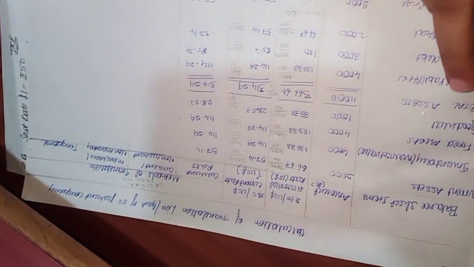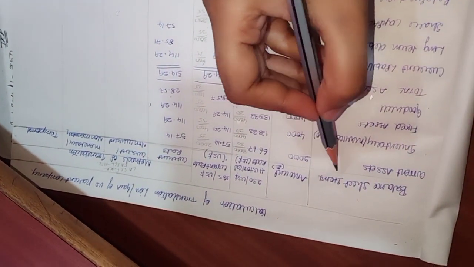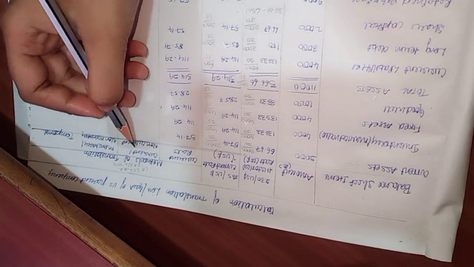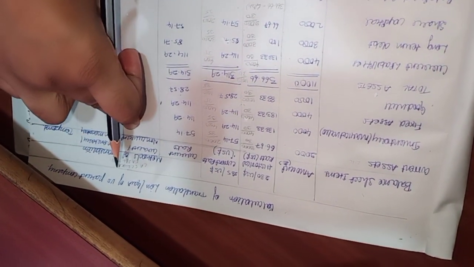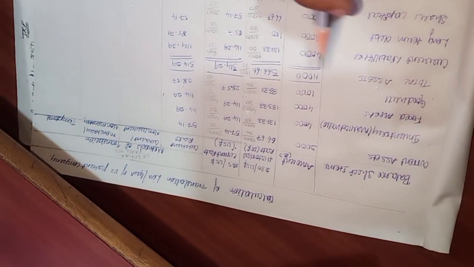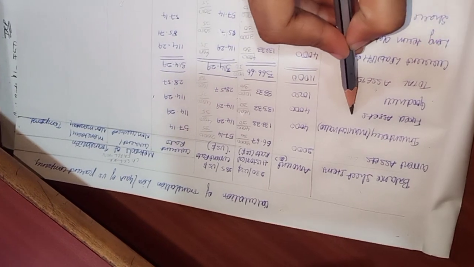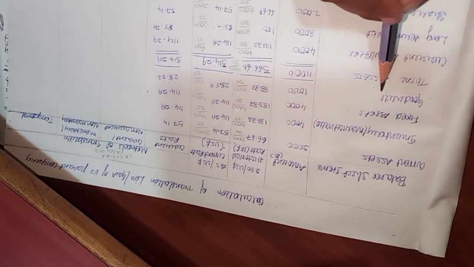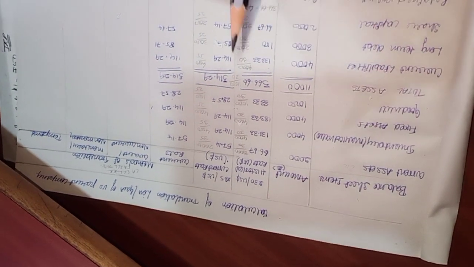Okay, if you see here, current assets, current rate, only for this column I am talking about. Inventories, current rate. Fixed assets, non-current, so historical rate. Goodwill also non-current item, historical rate.